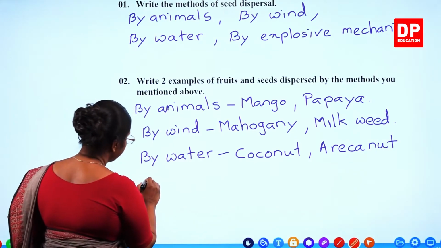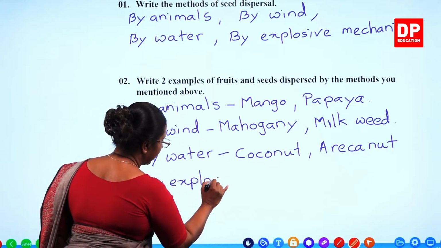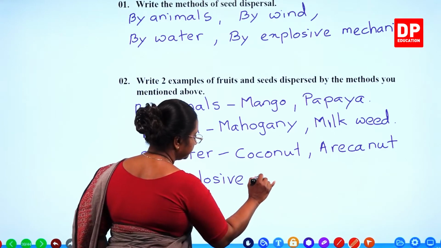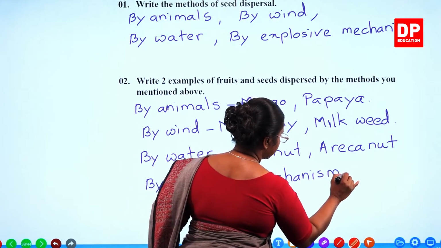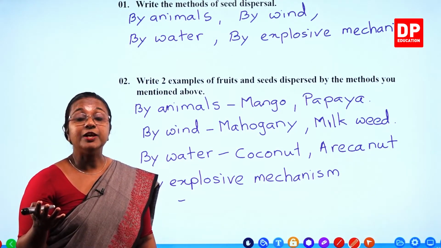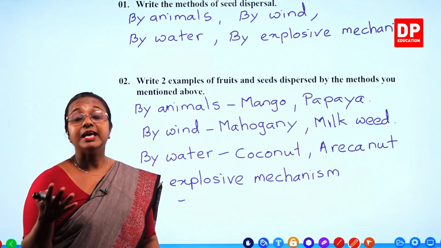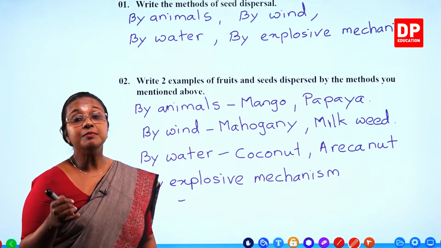Then by explosive mechanism. What are the examples? You can think of lady's fingers, then balsam plants, cotton, even milkweed.